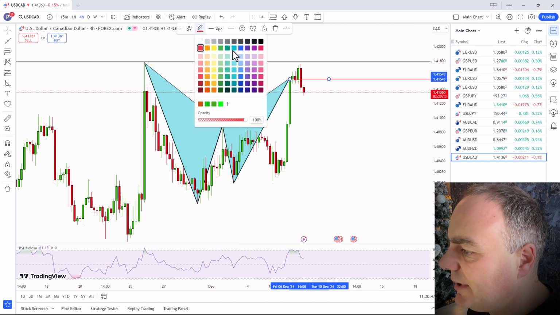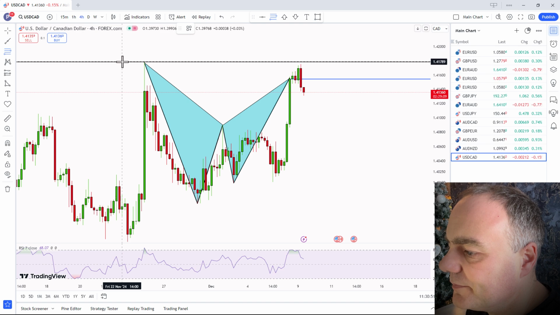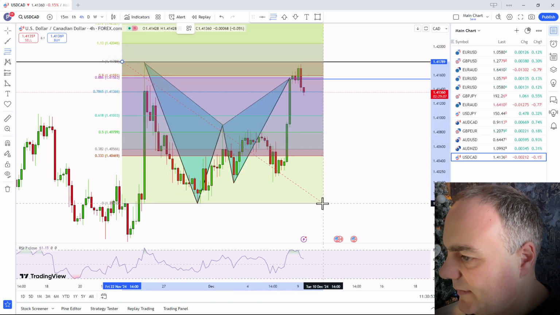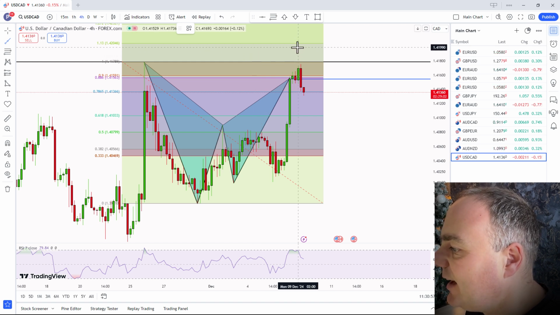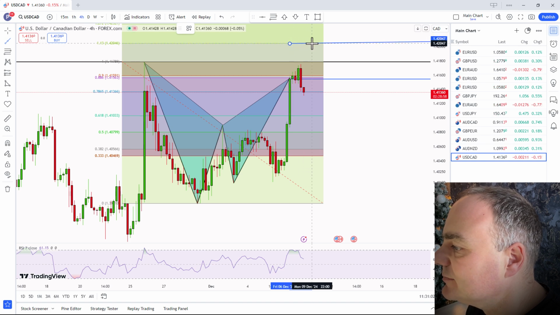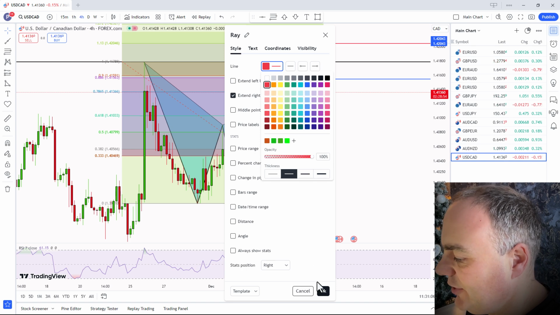Well, let's make it blue for an entry, and I put stops at the 113 extension of X to A if I'm trading a Fibonacci pattern. There we go, and let's make it red for our stop loss.